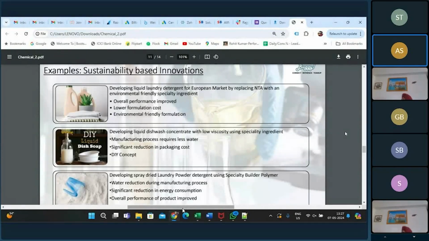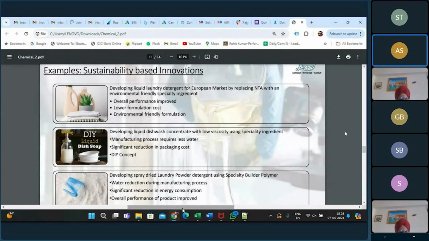So what was the benefit that we had? The manufacturing process requires less water. Now imagine any dishwash liquid or any cleaner will have approximately 60 to 70% moisture, water, in the formulation to make it stable and transparent.